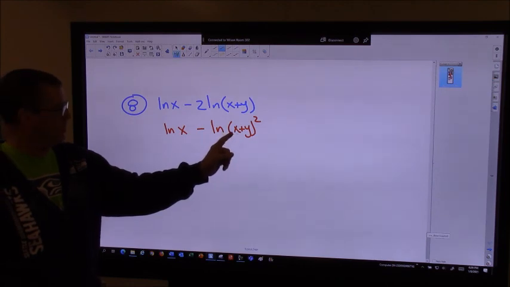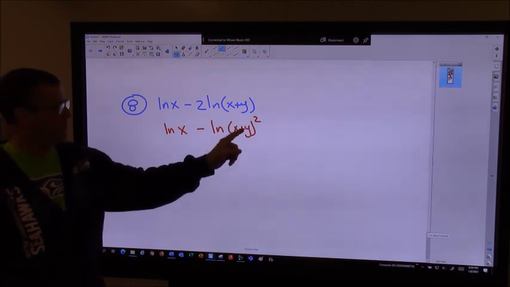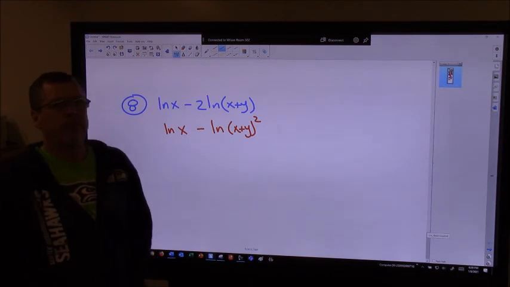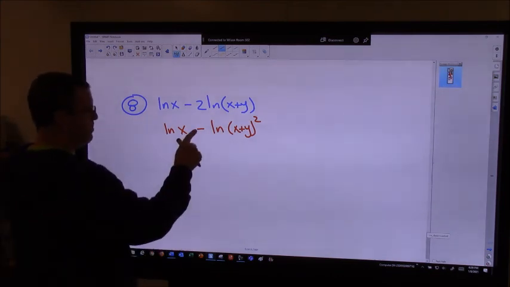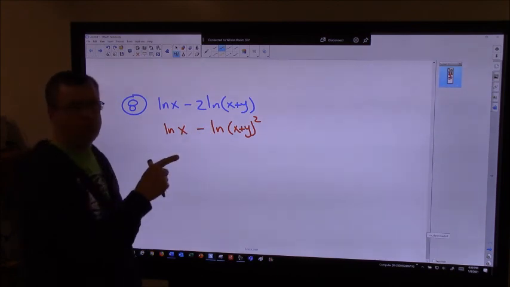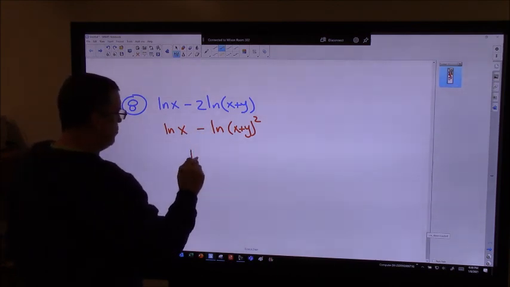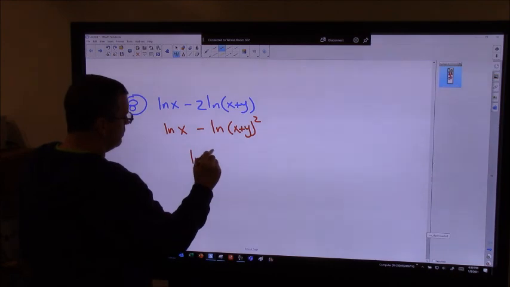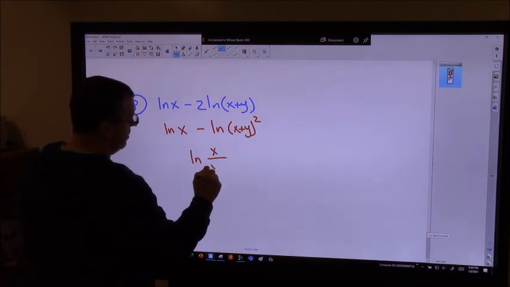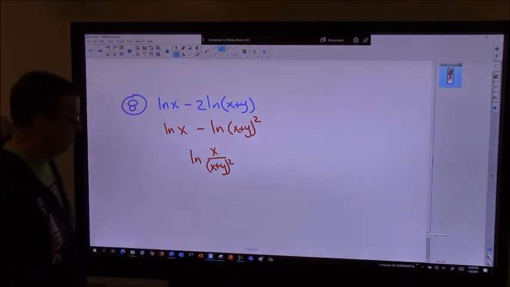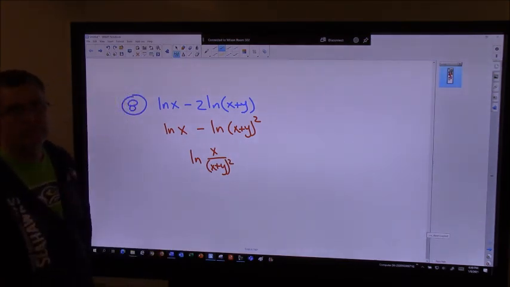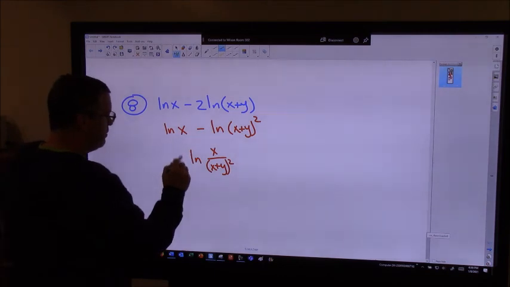Where you square the first, multiply the 2 and double it, square the last. No, you don't have to do that for these. We can leave that as an exponent. Right? So I would look at this and say I'm subtracting with exponents. That happens with division. And so what I get is natural log of x divided by x plus y squared. Alright, there it is. I've condensed it.